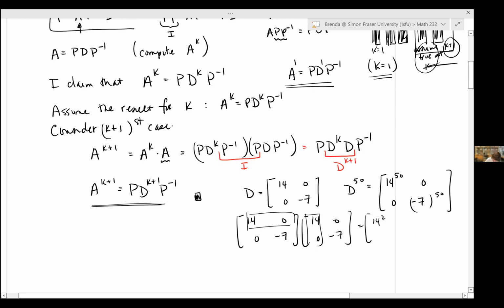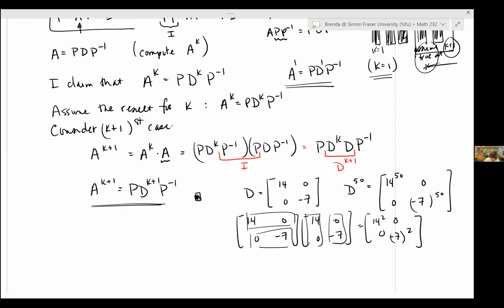And then I take this row times this column down here, and I get minus 7 squared. And then the other ones, I'll have zeros in both places. So I've got this situation like that. Okay, so that just keeps happening. That's a square. That keeps happening. And so any power, this is it. So it's extremely easy to take powers of a diagonal matrix.